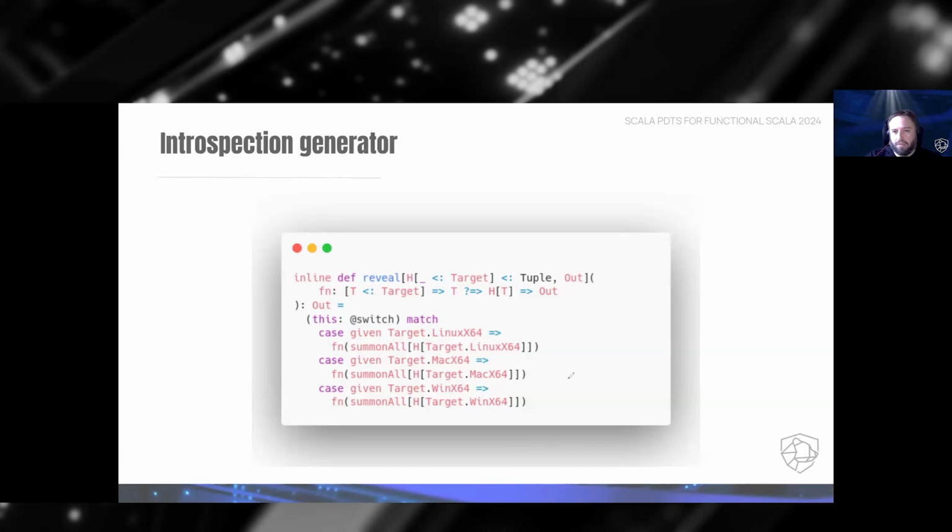And likewise, since we are able to split this out and have the code that actually does the work separated out elsewhere, then we can use this reveal method to generate this match inside of type classes that need it, and summon the appropriate type classes to power what we need, and have all that code located in one place in the type class and derived specifically for the PDT it's working on without much user interaction.